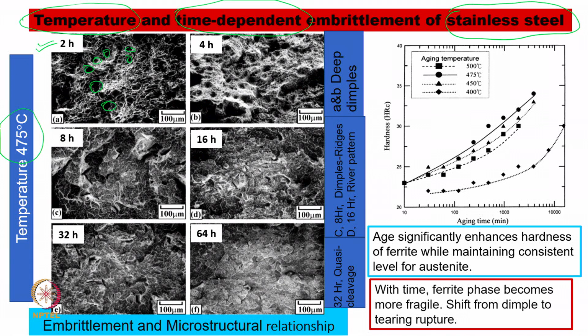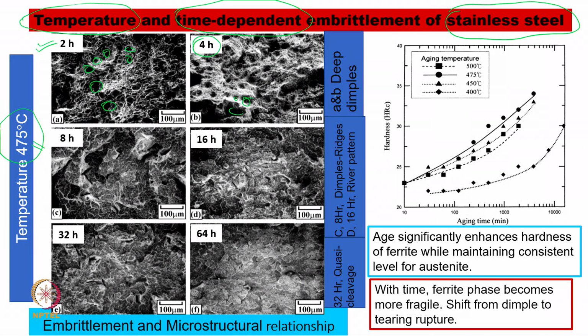They did a similar thing after 4 hours, where the sample was prepared initially, fractured, then exposed to 475 degrees for 4 hours, and after that it was fractured again, and then again they found deep dimples, of course not as high a density as after 2 hours, which is shown in A, but still this kind of fracture is a ductile fracture.